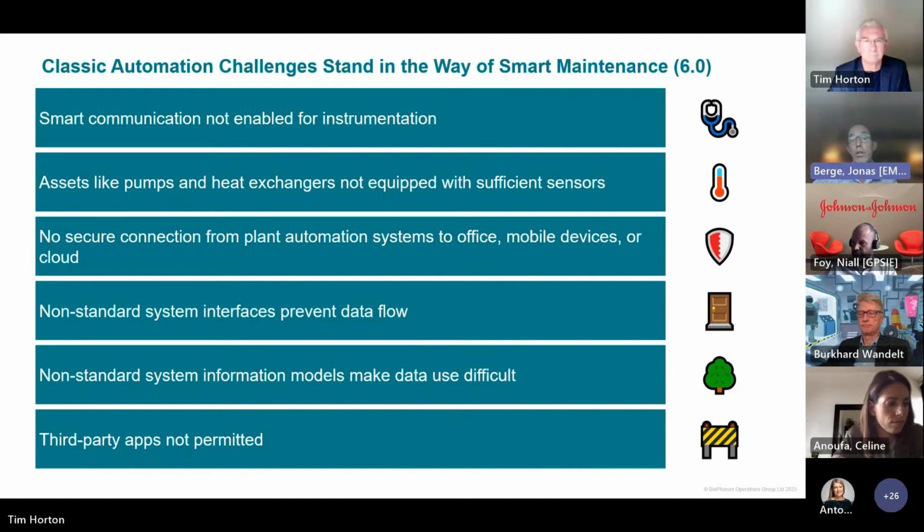There's no secure connection from plant automation systems to computers in the office, mobile devices, or to the cloud. Non-standard system interfaces and information models prevent data flow, and third-party app installation is not permitted. Unfortunately, many new plants are being built with these same limitations. So plants need to fix this to transition to smart maintenance. Next, please.